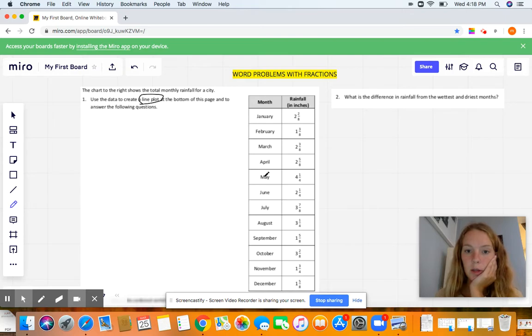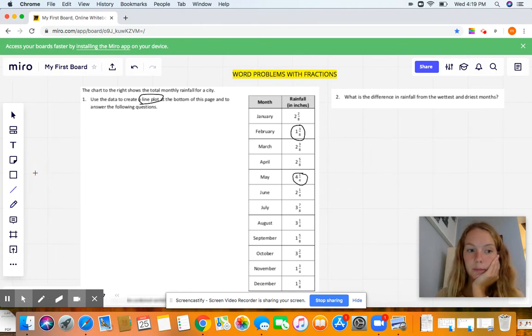What's our smallest number here? I believe our smallest number is 1 3/8. Now I need to find what's our biggest number, 4 1/4. So on our line graph, it's going to start before 1 3/8 and end after 4 1/4.